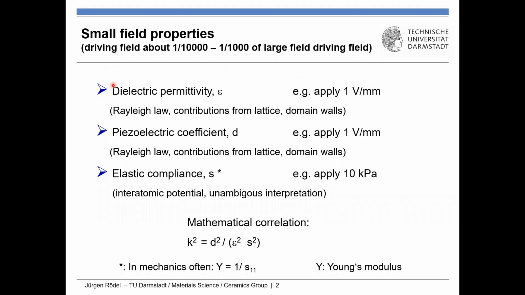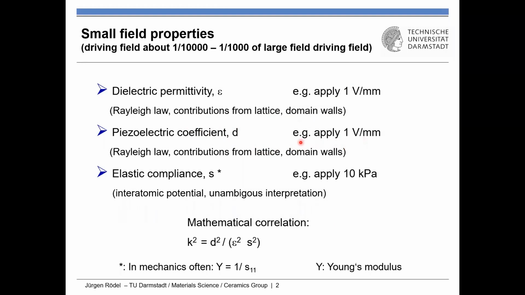We measure dielectric permittivity, and then we already have a lot to discuss. We can apply the Rayleigh law, we can discuss reversible and irreversible contributions from the lattice and from the domain walls, and we can have a great time. Then we can have the piezoelectric coefficient, and again go through the Rayleigh law and have all types of contributions, and we put the dopants in, and we write tens and tens of papers.